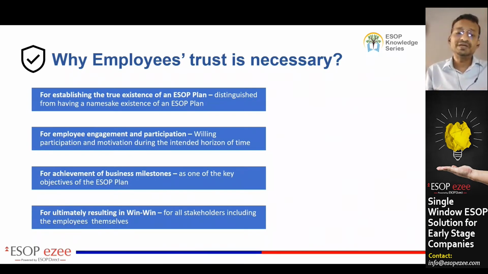Apart from the employees, everybody is a winner when an ESOP plan succeeds, because every dot is connected in the business, every stakeholder's interests are connected. So when an ESOP plan is successful, it ultimately results in a win-win for all the stakeholders. That's why we have carved out these four broad pointers. There may be one or two others, but these are the broad pointers we have articulated. That's why employees' trust is necessary.